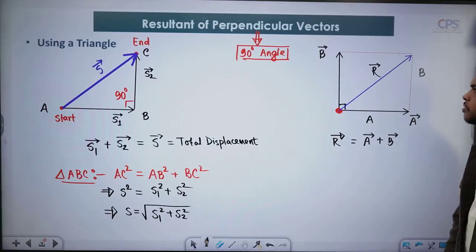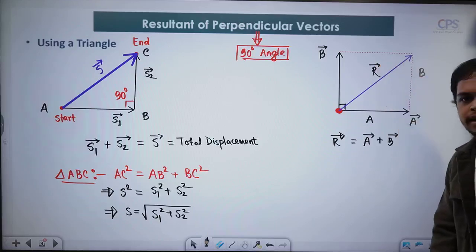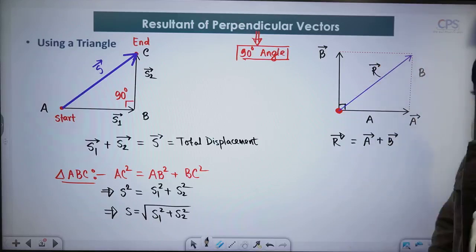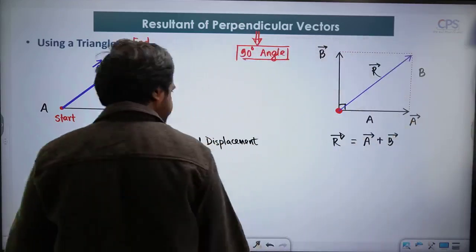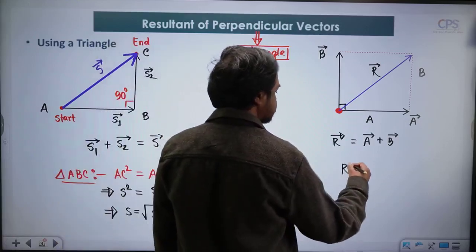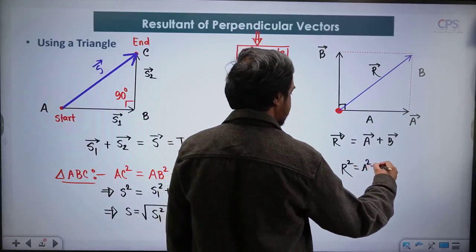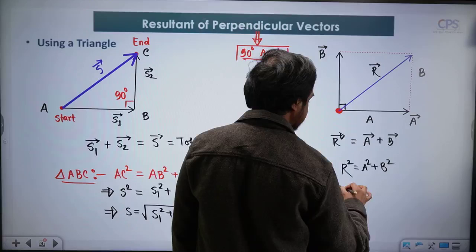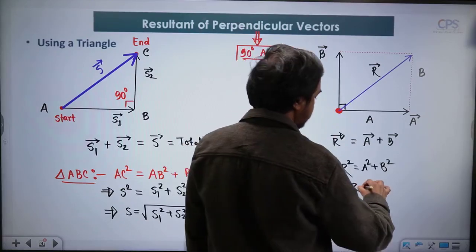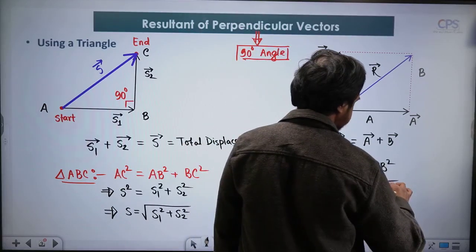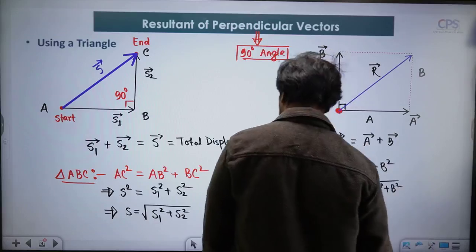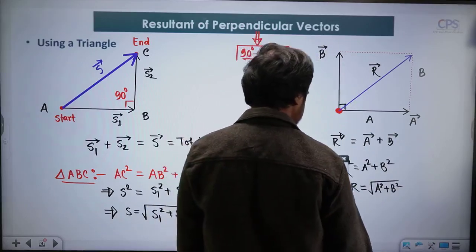Now what we do is get the value of R, and remember Pythagoras again. Pythagoras theorem: R square equal to A square plus B square, or R equal to root over A square plus B square. Okay, done.